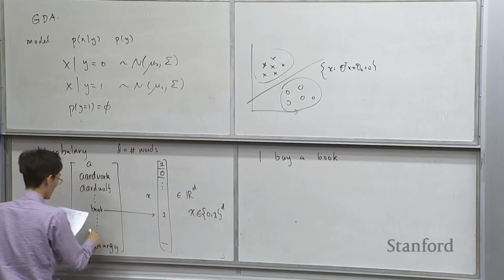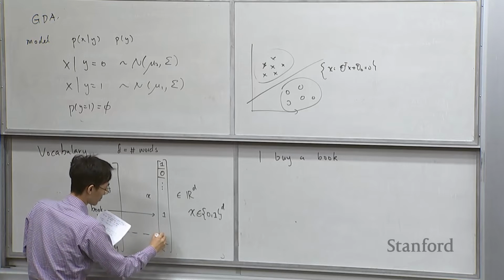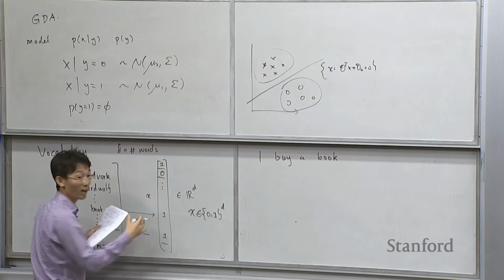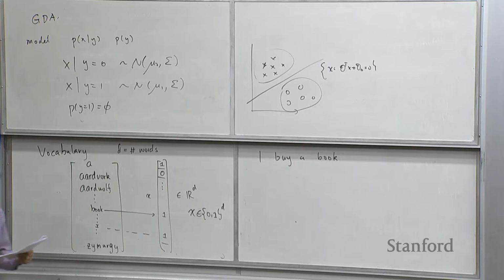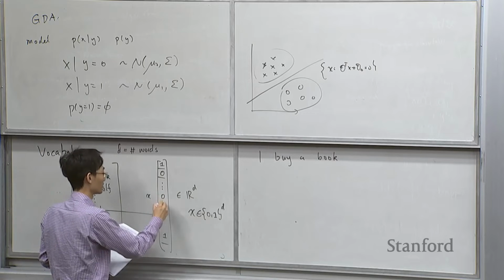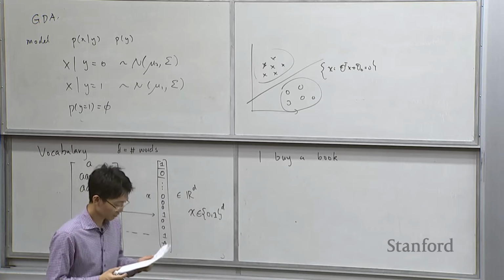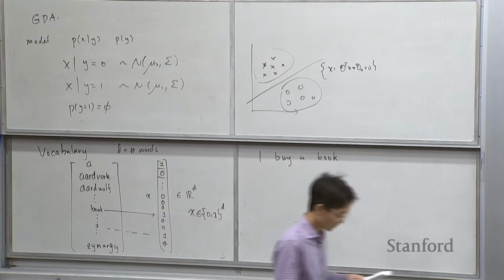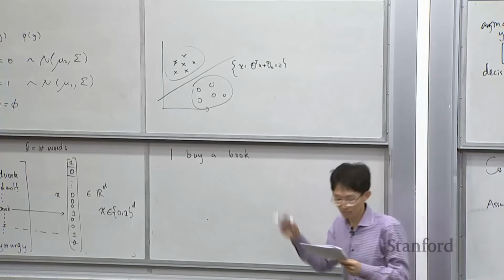And maybe somewhere in the list there's the word I, and that one would also have a 1. And for all the other words that don't show up in the sentence, you just fill in 0 for the corresponding entries. You call this x your representation, or your feature vector, for this email, for this sentence.